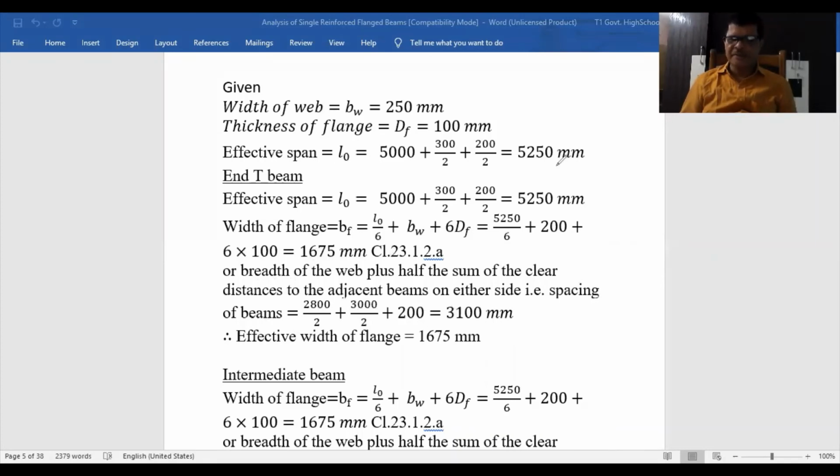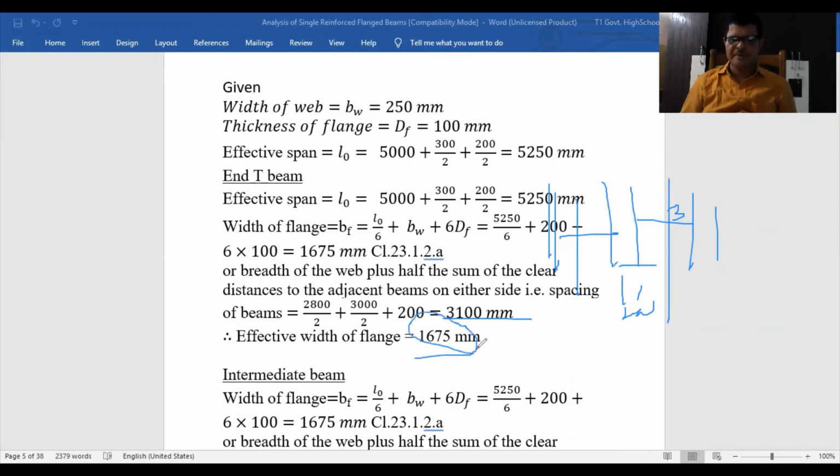So for the end beams, this is basically 200 the width, and this side the available space is 2.8 and this side available space is 3 meter. So half of this plus half of this plus this, that is coming 3100. So the effective width of flange is not more than that, so it comes 1675.